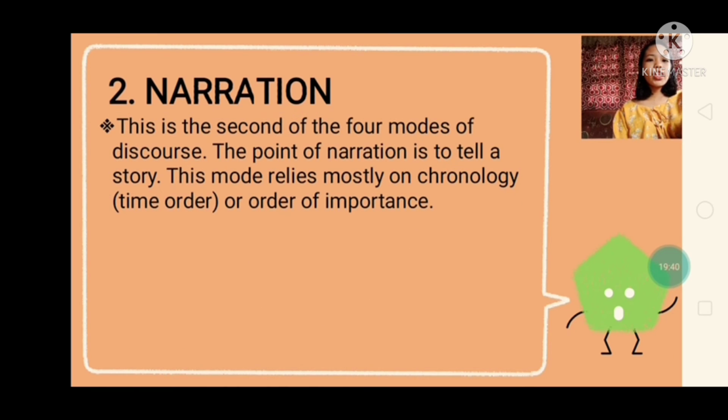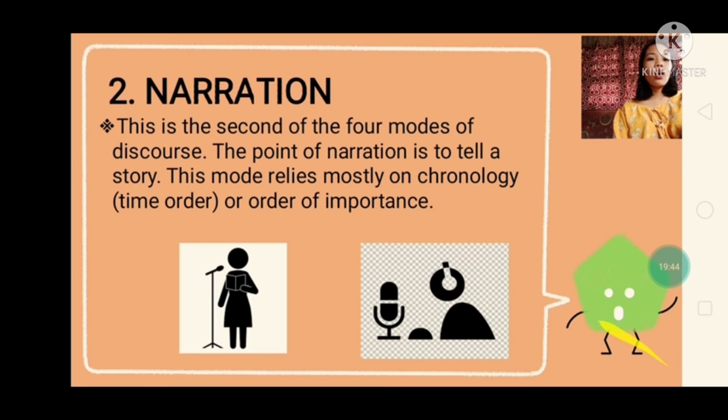Number 2, narration. So, this is the second of the 4 modes of discourse. So, the point of narration is to tell a story. So, this mode relies mostly on chronology or time order or order of importance. So, mostly sa narration is makikita natin sa dramatization when there is a narrator and the narrator will tell the story tapos may mag-a-act dyan.